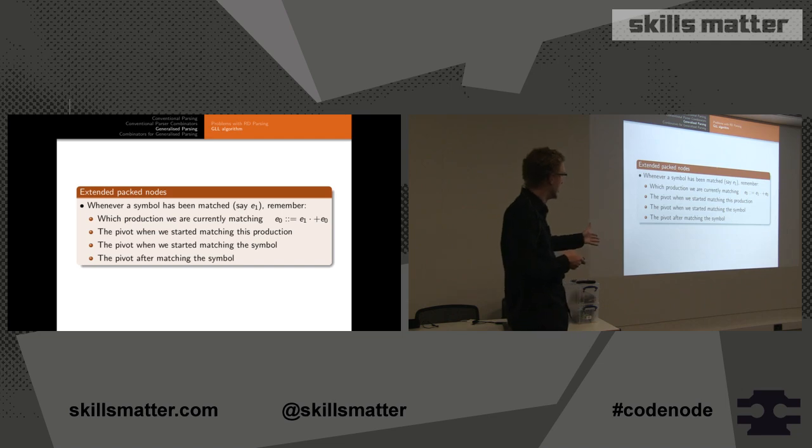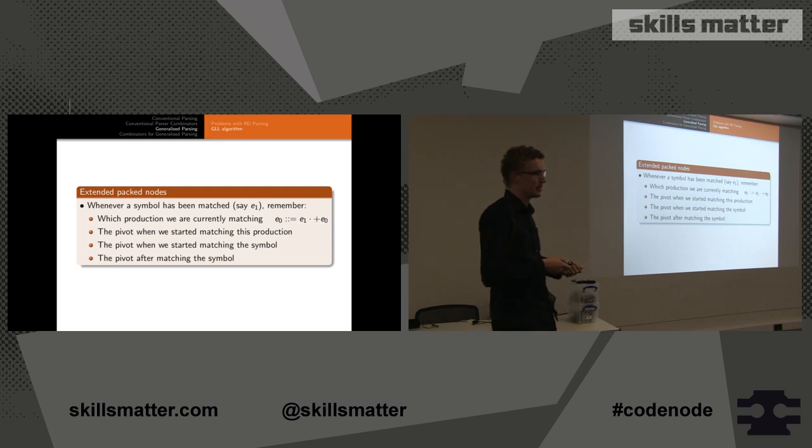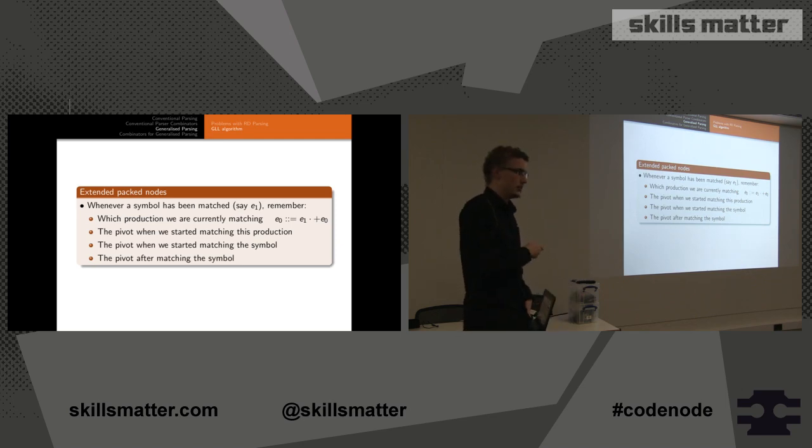At the end, we can use this information to run the parse again. But now, whenever we have to make a choice, we know in which direction to go, because that's exactly what this is telling us. So we can make the right decision at every point. This is an idea that has been used in the implementation of the library that I want to show in the end.